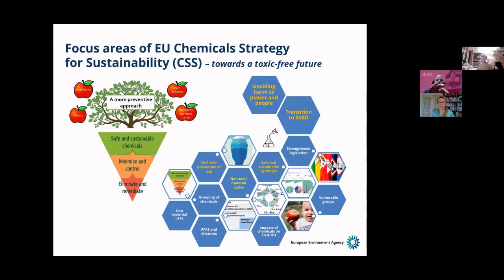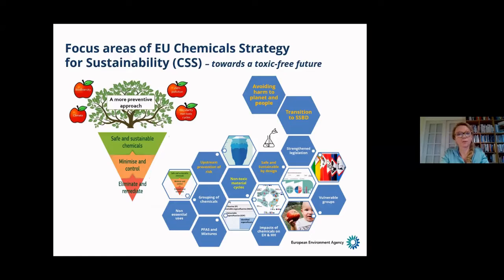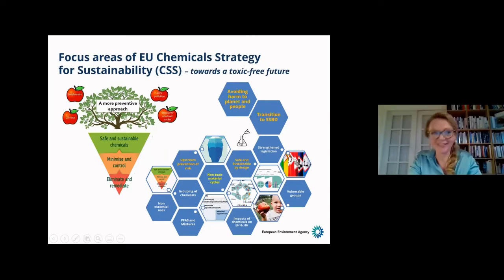And really the main focus here is to have a more preventive approach, that if we want to achieve multiple objectives to protect the environment and our existence, we need to consider not just one issue at a time, like zero pollution or climate change or circular economy or biodiversity. We have to think of it together.